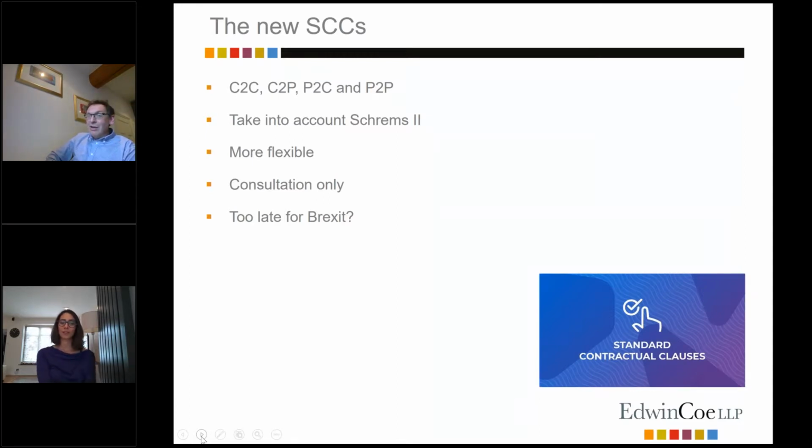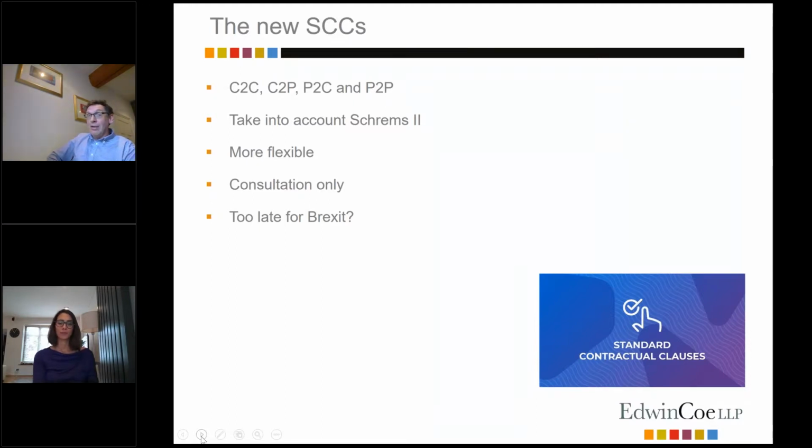But looking at the new standard contractual clauses, they are certainly a lot more robust. They are certainly more flexible. They cover both processor to controller, and they cover processor to processor, which was missing. And they also take into account Schrems 2.